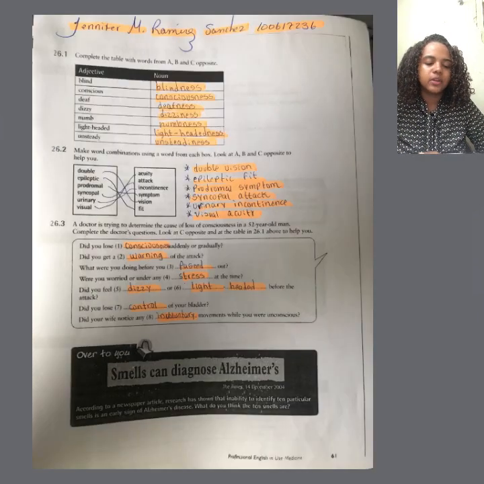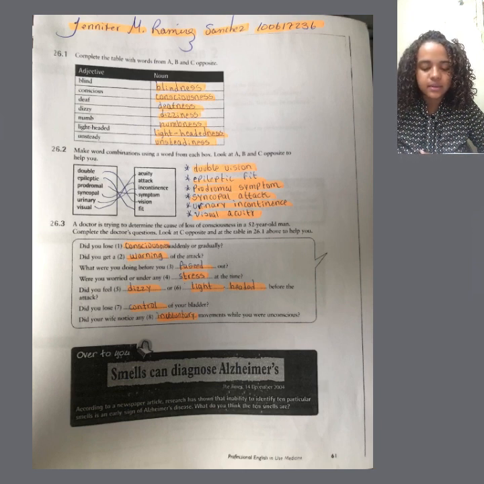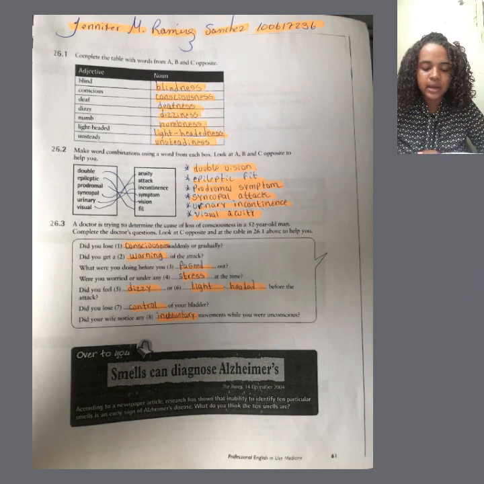Chapter 26. Complete the table with words from A, B, and C opposite. Adjective, noun. Blind, blindness. Conscious, consciousness. Dazed, dizziness. Deficient, deficiency. Light-headed, light-headedness. Make word combinations using a word from each box.